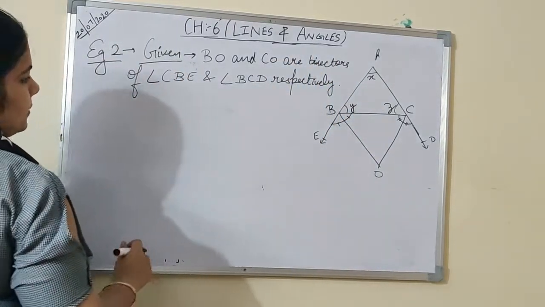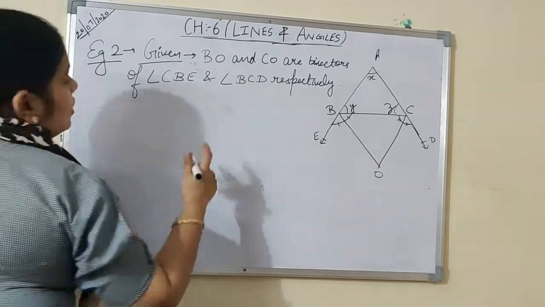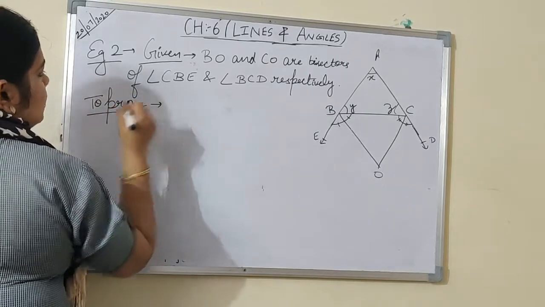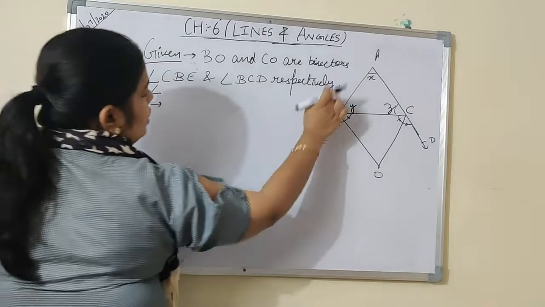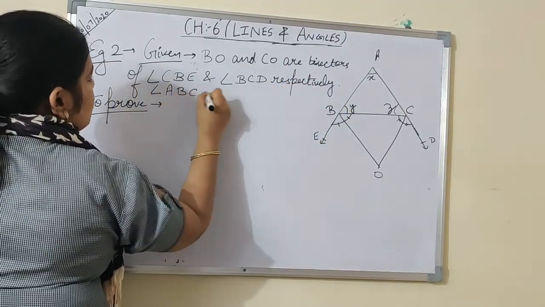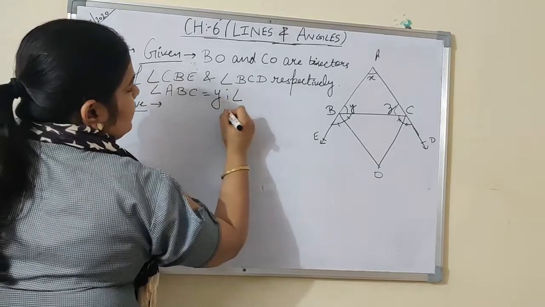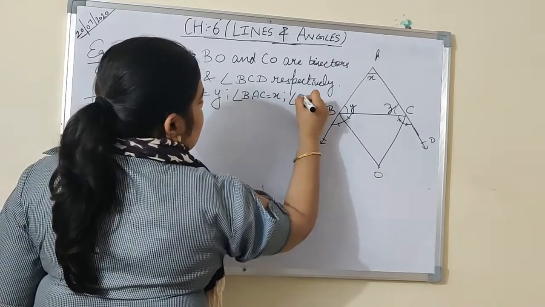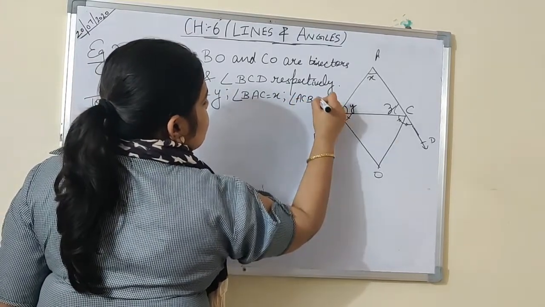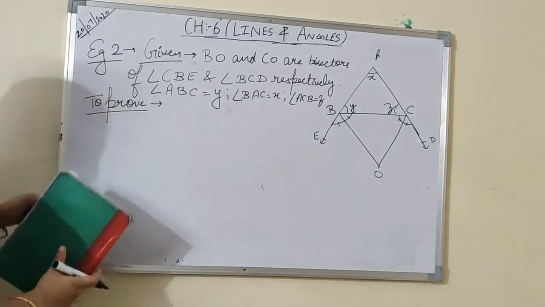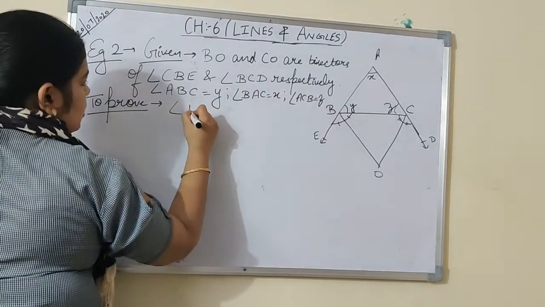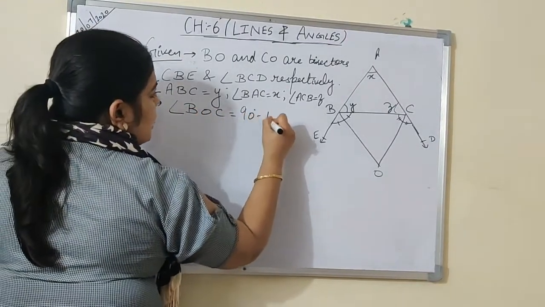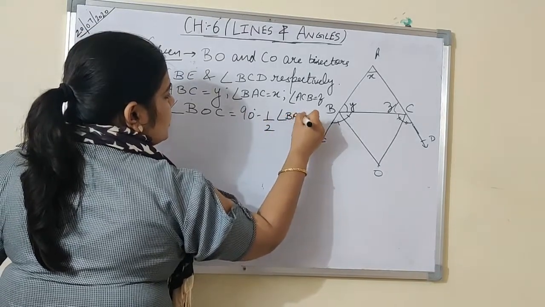I am writing this also, that it is given in the figure that angle ABC is equal to Y, angle BAC is given as X, and angle ACB is given as Z. Now we need to prove that angle BOC is equal to 90 degree minus half of angle BAC.